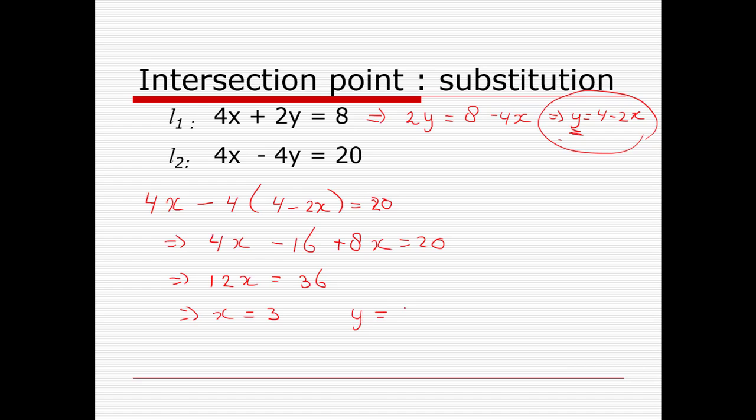Then we only have to use this substitution to figure out y. So y becomes 4 minus 6, which equals -2. So the intersection point again is (3, -2). That was the substitution method.